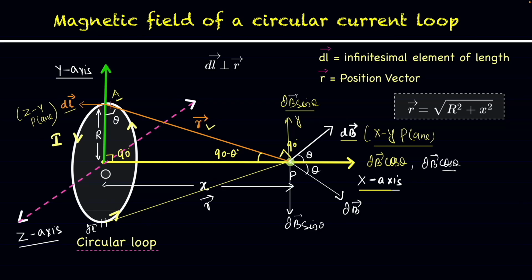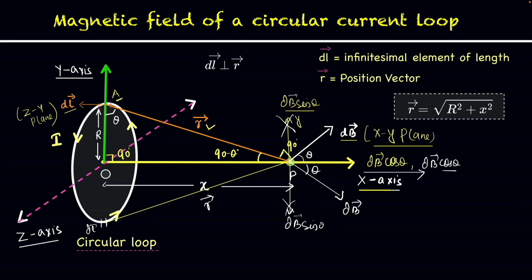You will notice that the dB sin theta from the first section is in the upward direction, and the dB sin theta from the lower section is in the downward direction, and their magnitudes are the same. So they will cancel out. This means the net magnetic field is always along the x-axis.